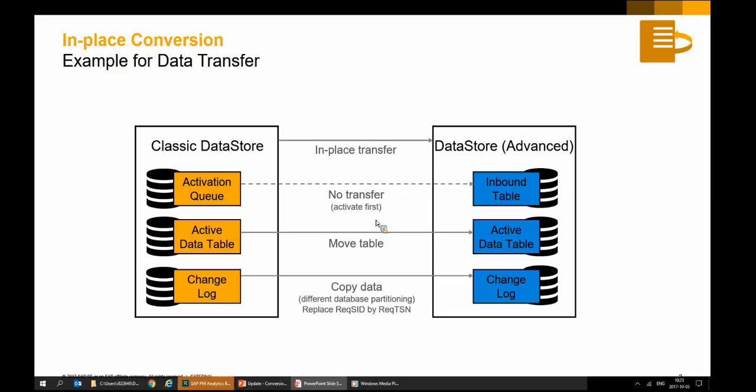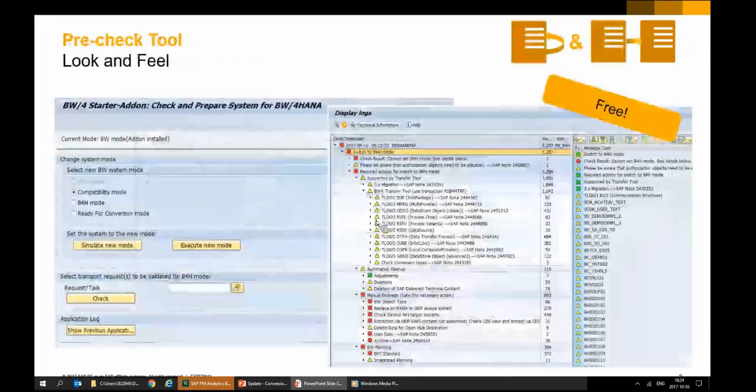It has a different technical name, important also for your custom code to remember this. But we don't have to make a copy of the data. We can change it in place. Activation queue is not moved. So therefore, all your classical DSOs will have to be activated before you start such a data transfer.